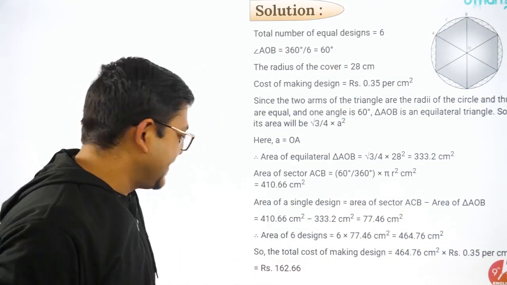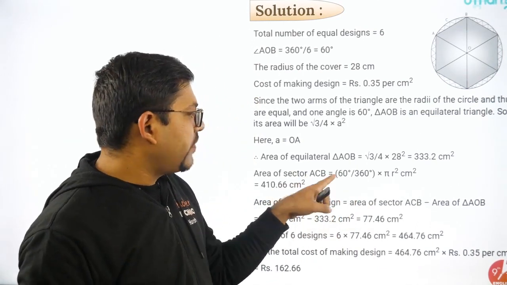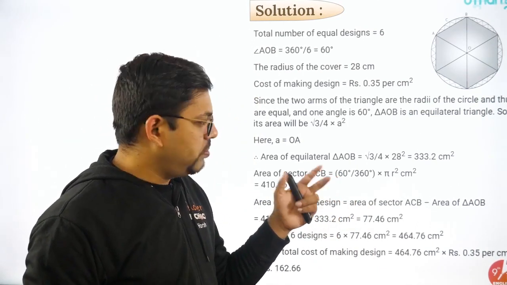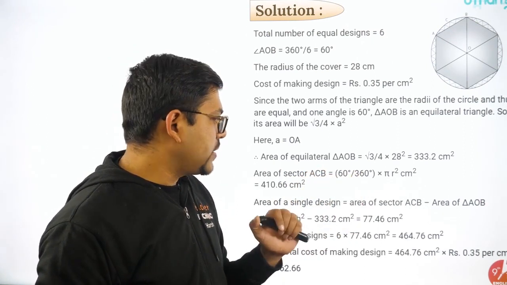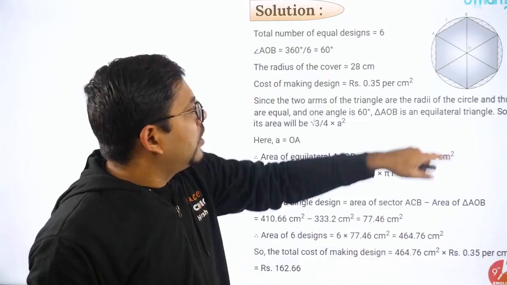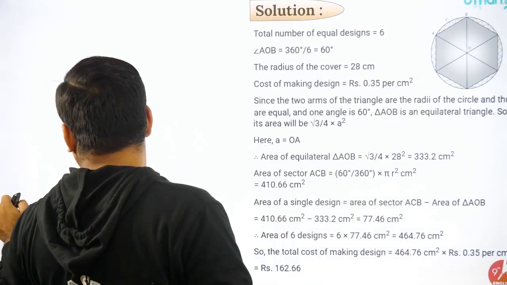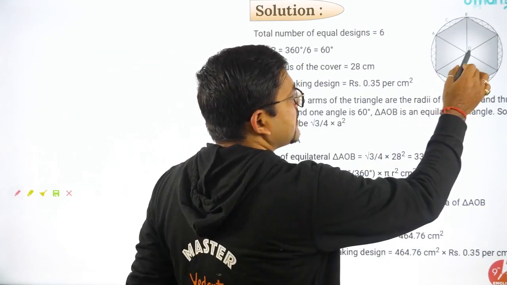So please see this. They have also done the same thing. See here. They have taken the area of a sector, but hardly matters, anything is the same. So 60 by 360 into pi r square. Let me show you what the solution has done. This is the center.